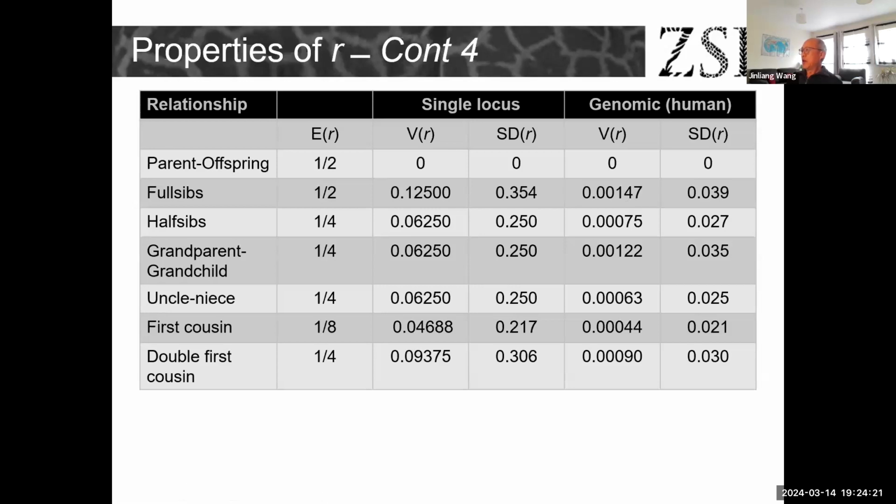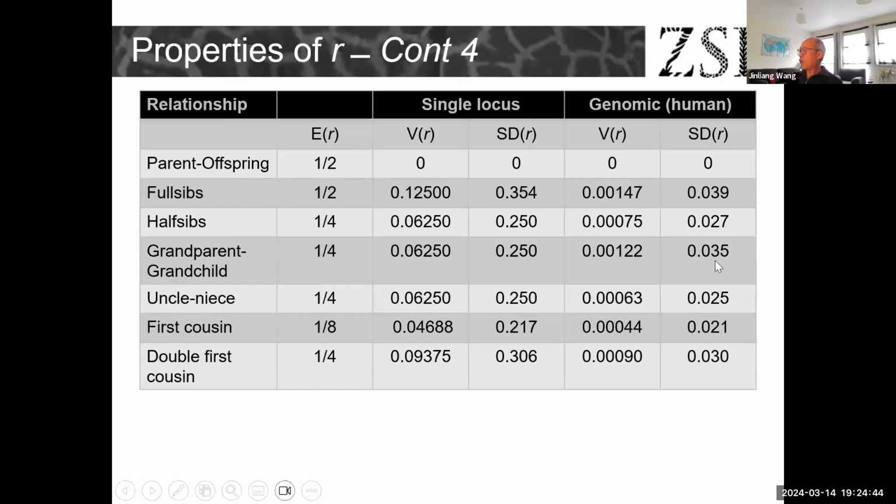But again, there is some variance there, and the standard deviation is 0.039, as we mentioned before. For second degree relationships, we can see their expected value is the same, but their variances differ, especially for grandparent-grand offspring.